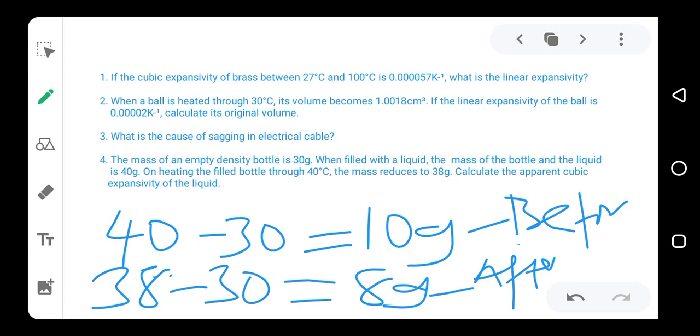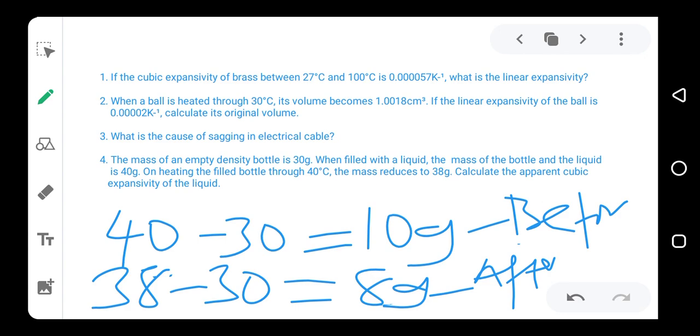Now, for us to calculate the apparent cubic expansivity, I say that it is the change in mass over the mass left. The mass left is the mass after heating, which is 8, then times the temperature change.